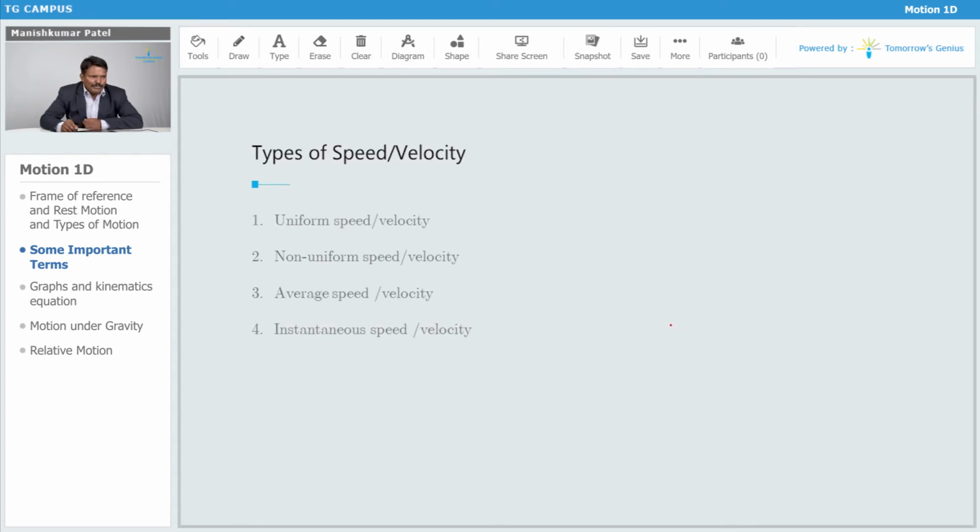From this point of view, uniform speed means the object is going to cover equal distances in equal intervals of time. Initially it is at A, then it reaches point B, covering a distance of 5 meter in 5 seconds. Again in the next 5 seconds it covers 5 meter, and again in the next 5 seconds it covers 5 meter.